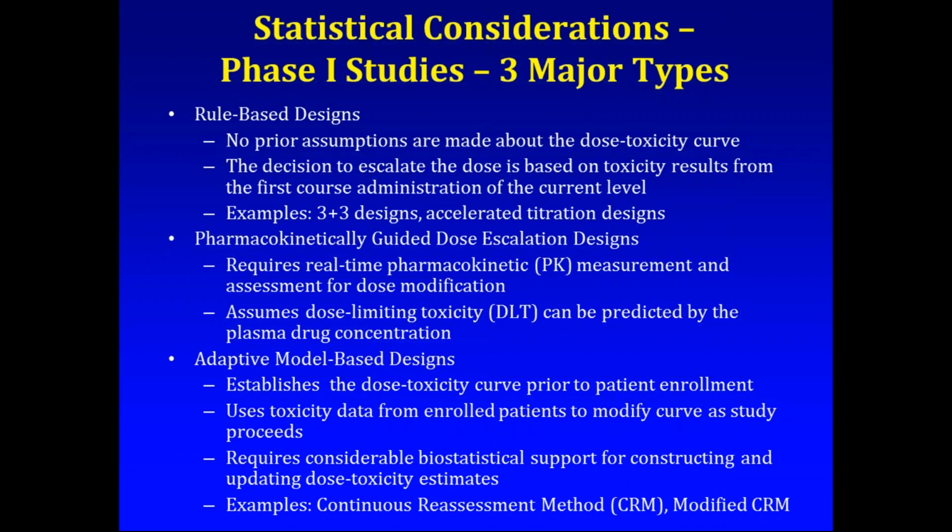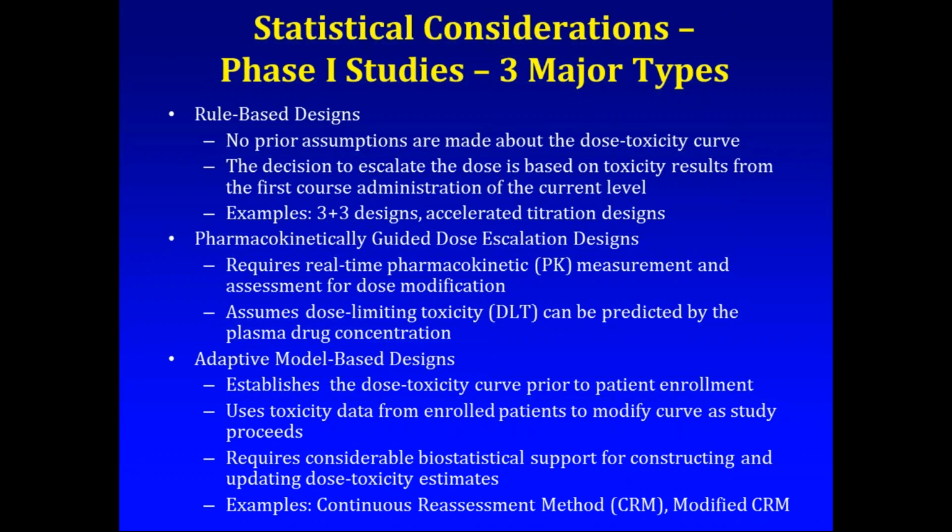But the 3+3 design, to understand phase 1 studies, you really have to understand what the 3+3 design is. That's been the most widely used and most common design. It's not always the best one to use, but it's one I think that most physicians and other researchers are quite familiar with. The second type of design, those are more rarely used.